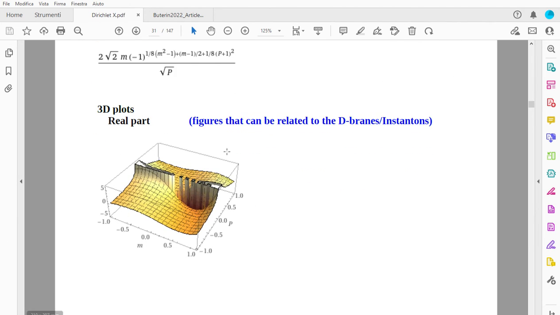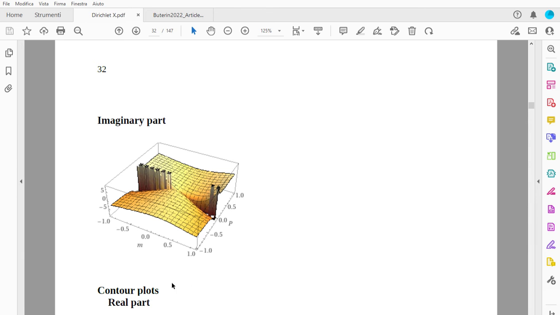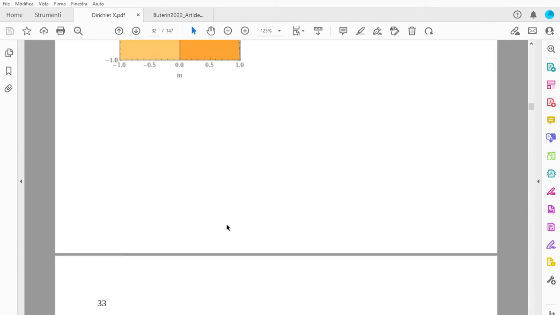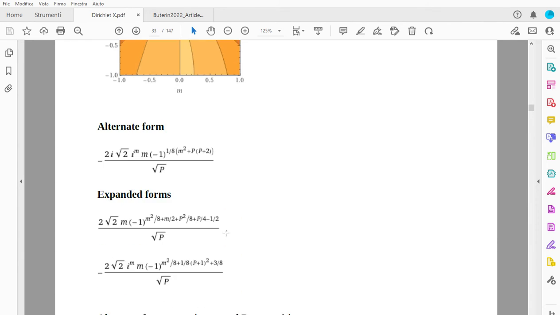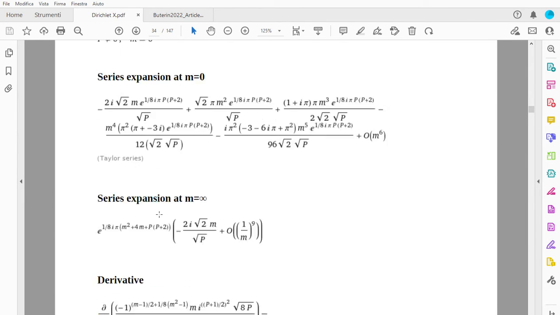This is the real part, the plot containing the real part, and this is the plot containing the imaginary part. Also here, alternate form, expanded forms, and so.